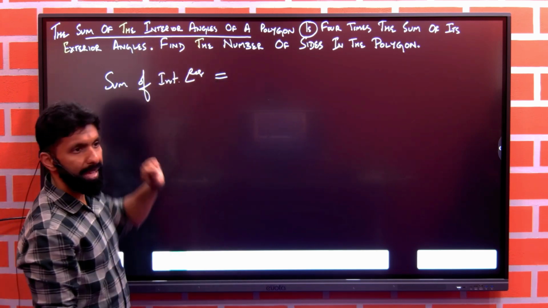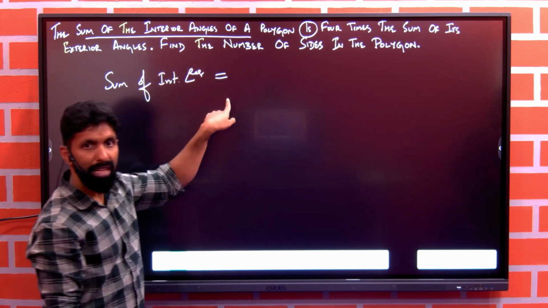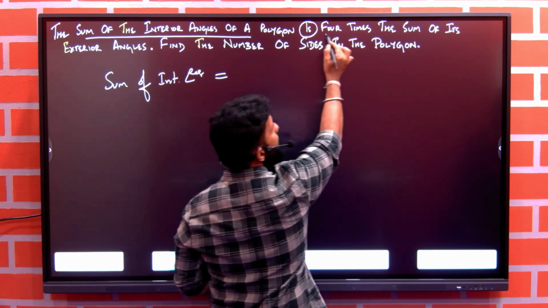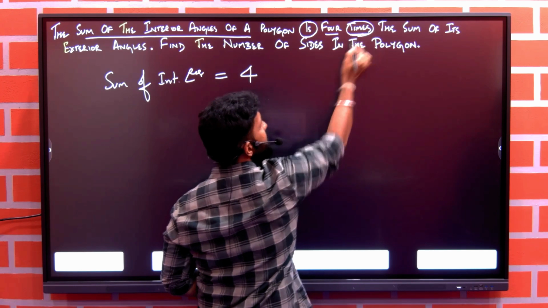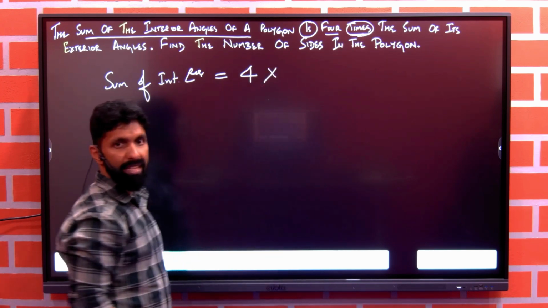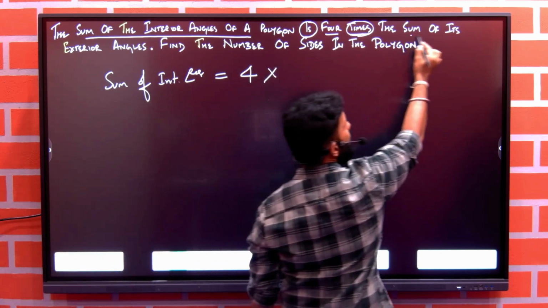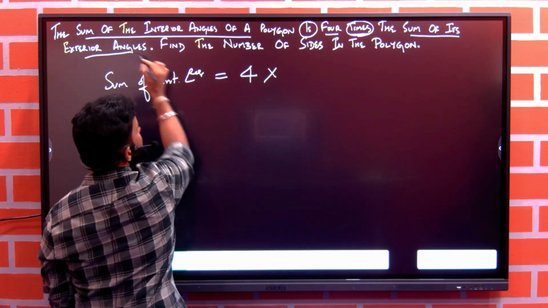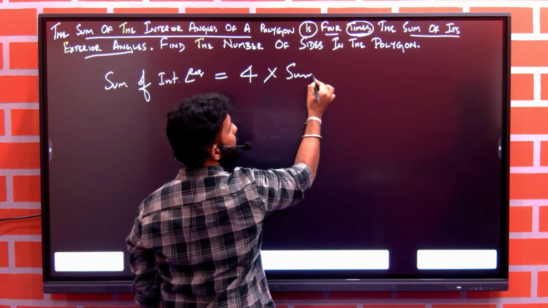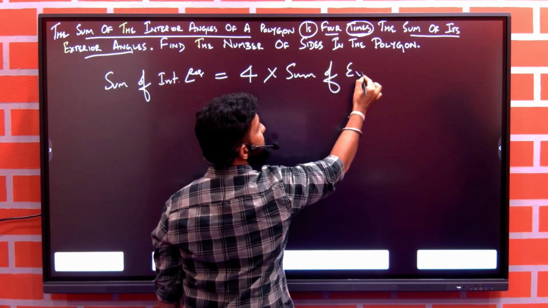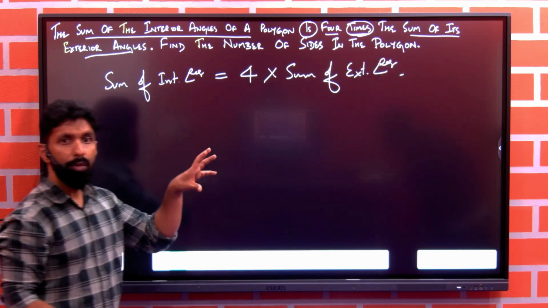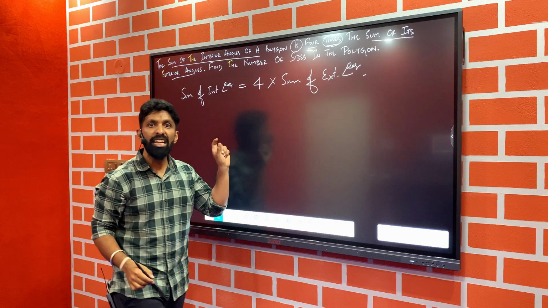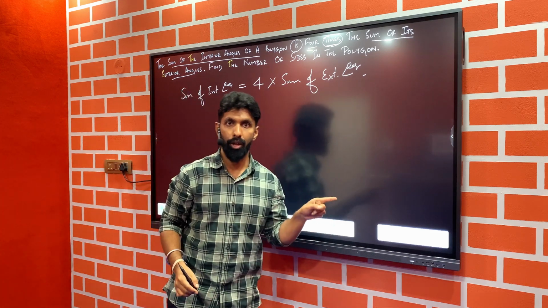Sum of interior angles is, so I put an equal to sign, 4 times. 4 times in math means multiplication. Yes? Okay. It says sum of exterior angles. So I'm copying sum of exterior angles.